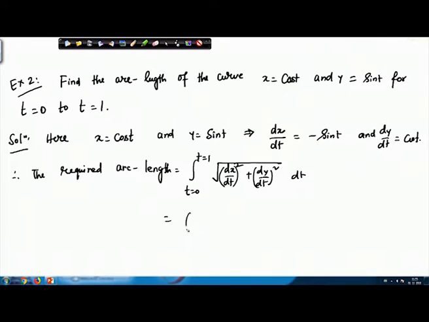So dx/dt whole square is sin square t, and dy/dt whole square is cos square t. Sin square t plus cos square t is 1, and the square root of 1 is 1, dt.